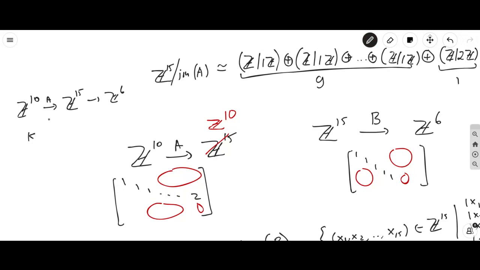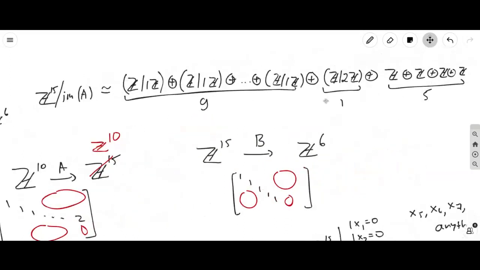To find homology, this is map B, we take the kernel of B mod the image of A. It's not Z to the 15 mod the image of A, it's the kernel of B, which is Z to the 10. It's the same idea, but you're modifying this dimension.